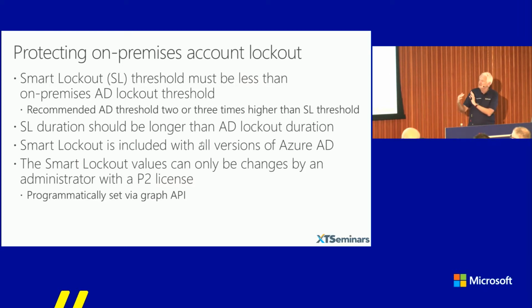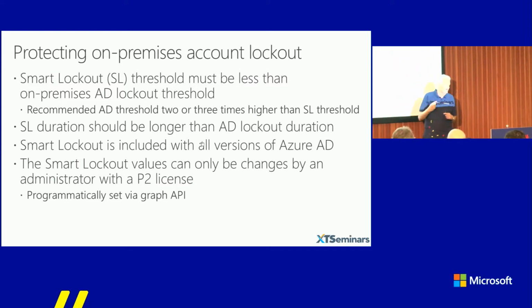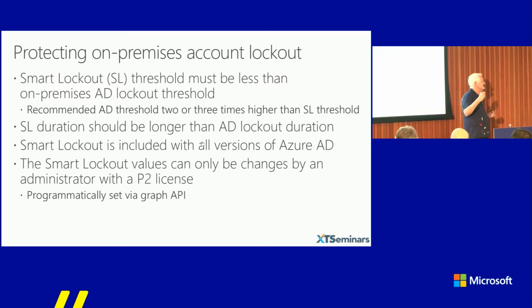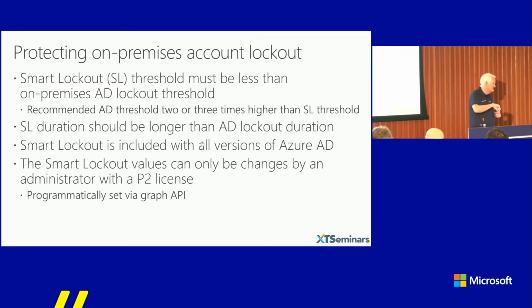Now, you might say, well, actually, I'm not happy with those default settings. So how do you change the default settings? That's something that's new, the ability to change the lockout settings in Azure AD. Now, this PTA and lockout is available to all versions of Azure AD: the free version, the Office 365 version, the P1 version.